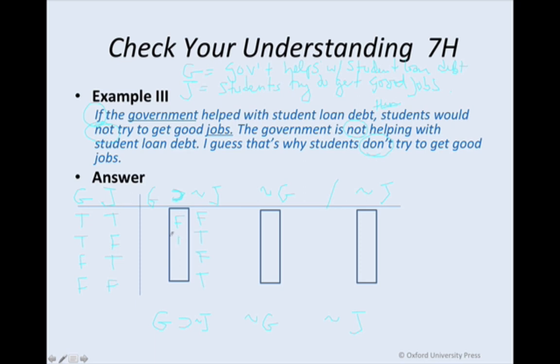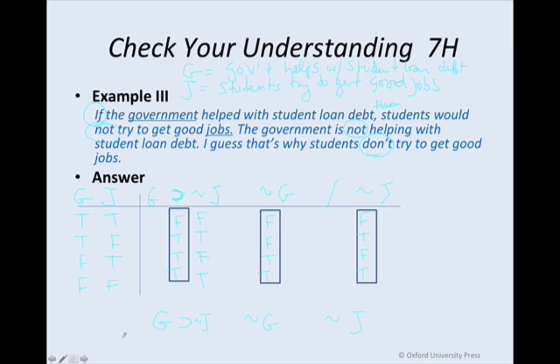In all other cases, the sentence is true. Not G yields the following values, and not J yields the following values.